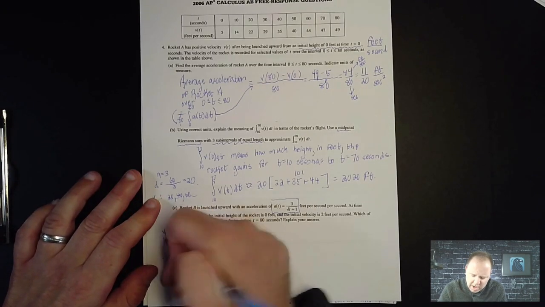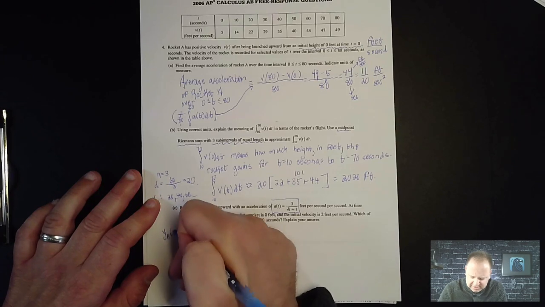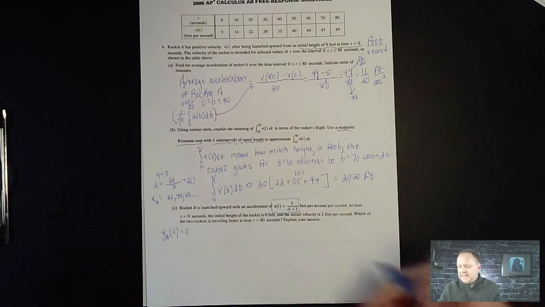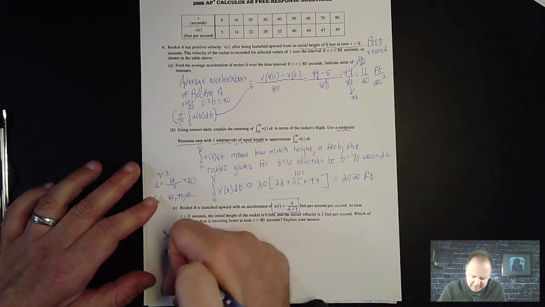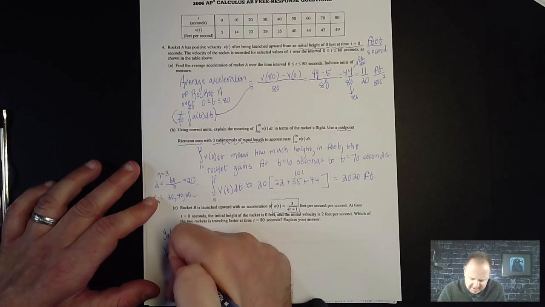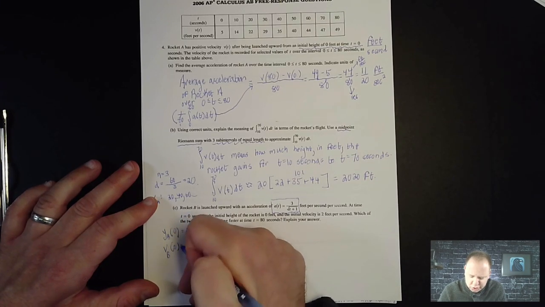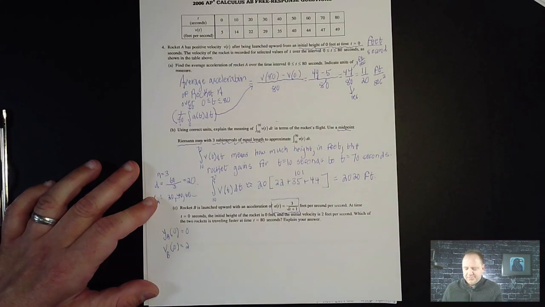So my y sub b of 0 is 0. Okay? The initial velocity is 2 feet per second. So my velocity of b at 0 is 2 feet per second.